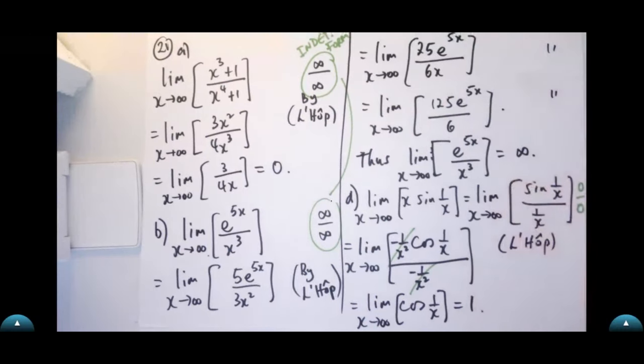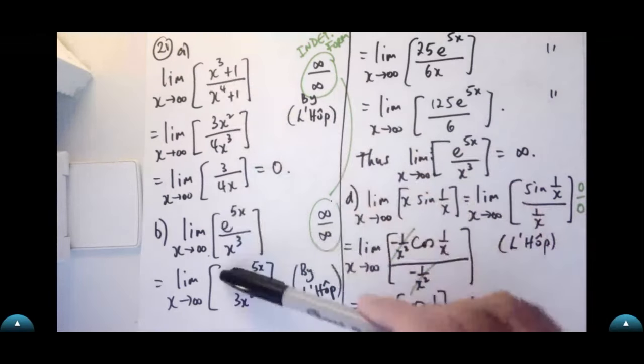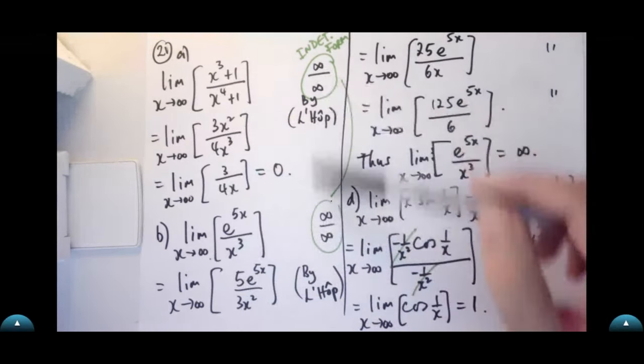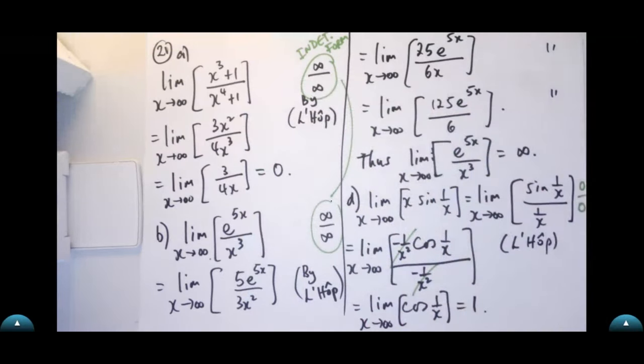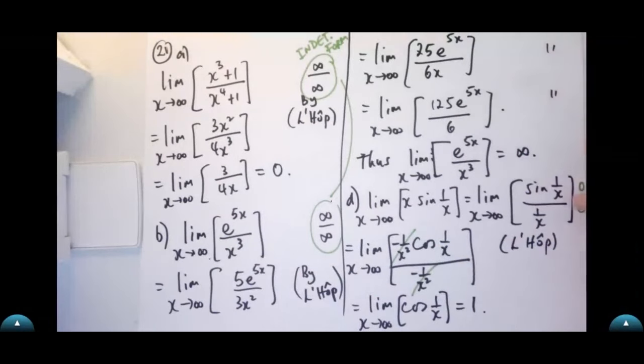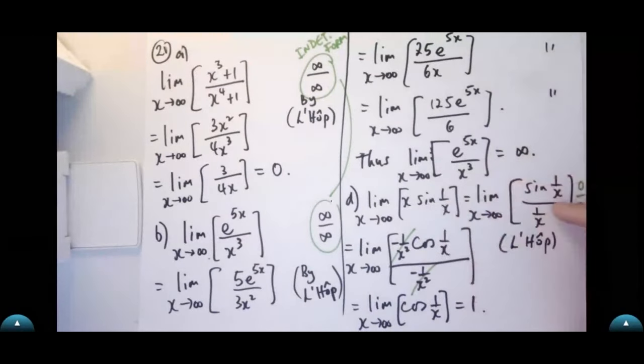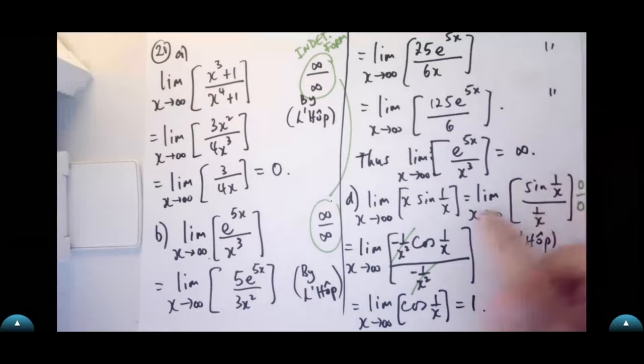Okay? So hopefully you're getting into the idea now. You've got these quotients, you check for the indeterminate form and the conditions of L'Hopital's rule, you differentiate and you take the limit at some point. And you can see in this one, we had to actually rearrange it so that it really was a quotient. Okay?